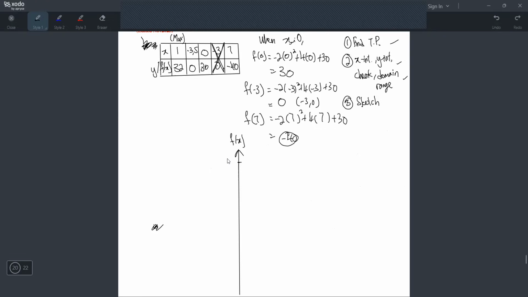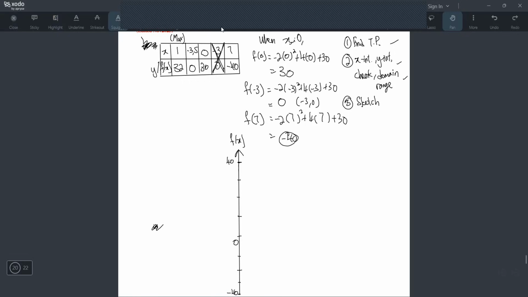I'll make it 40, because if I make it 30, then I cannot plot my 32. So the highest point here is 40, and then this will be 30, 20, 10, 0. But I have to go down until -40 also. So 0, -10, -20, -30, -40, right?